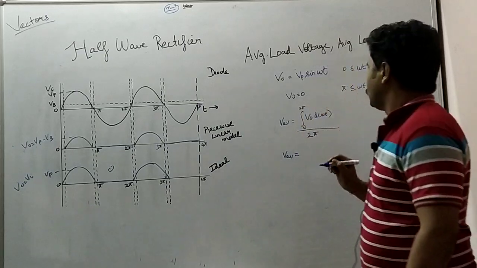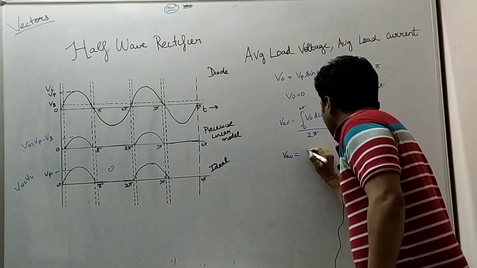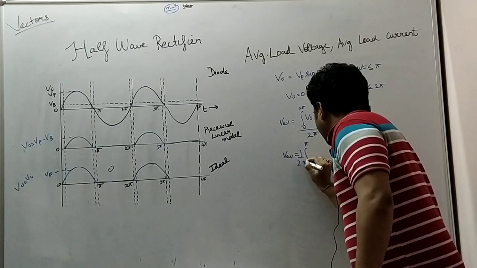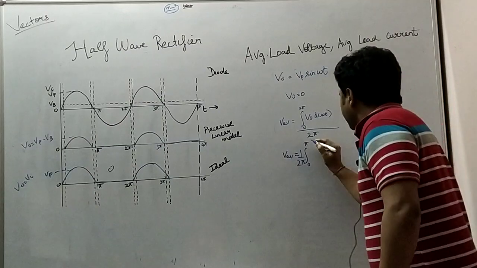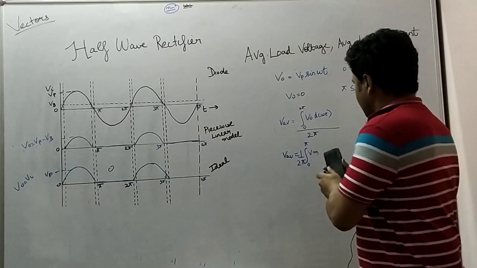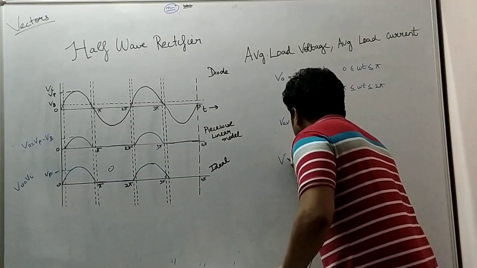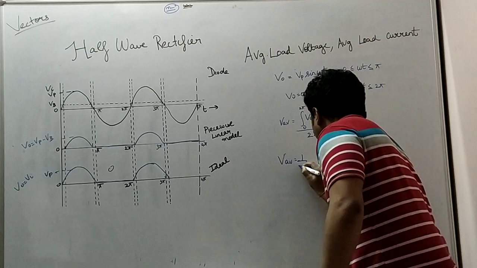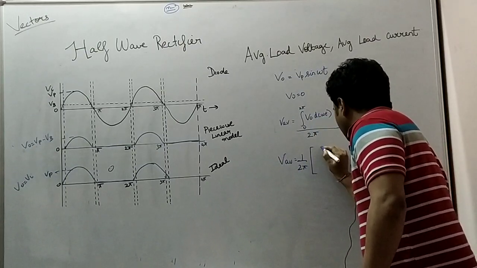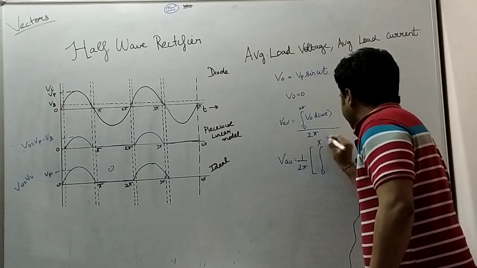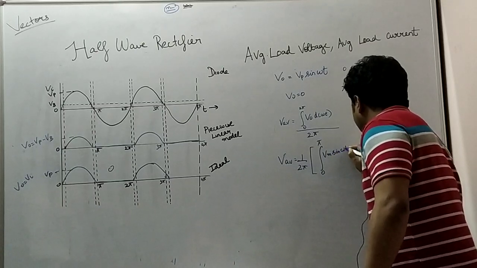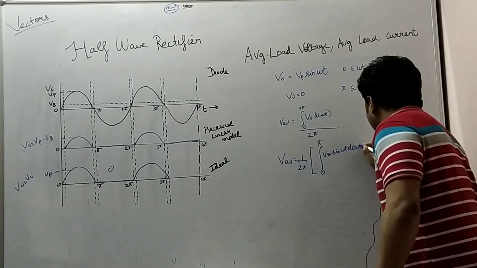V average equal to 1 by 2 pi will be totally out of the bracket. This is 0 to pi Vm sin omega t d of omega t.